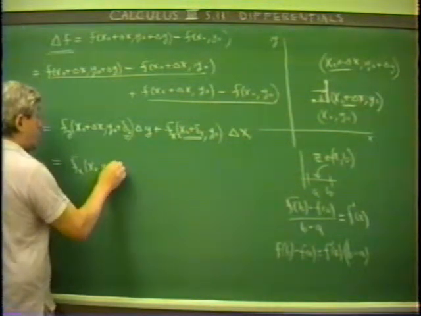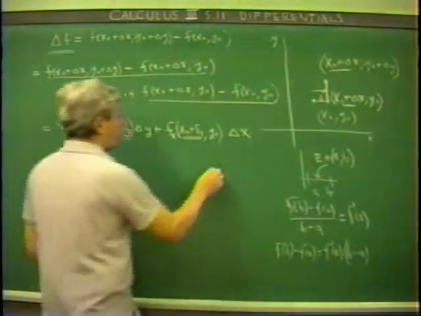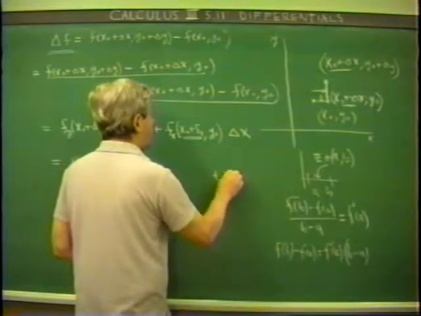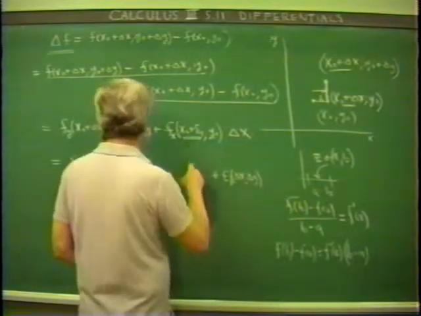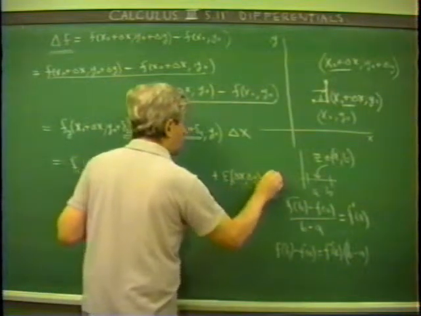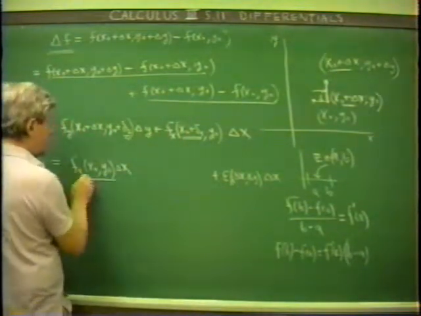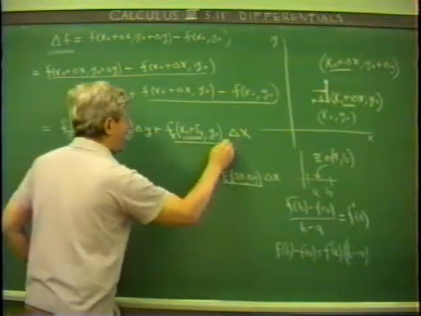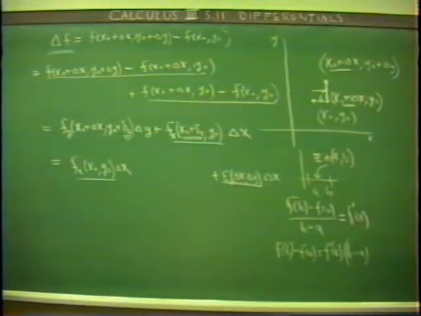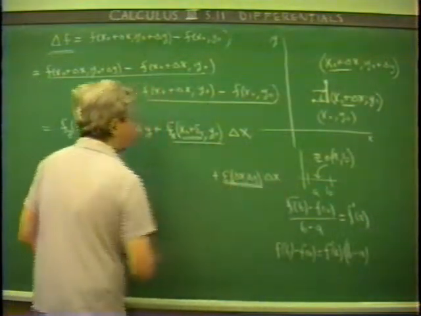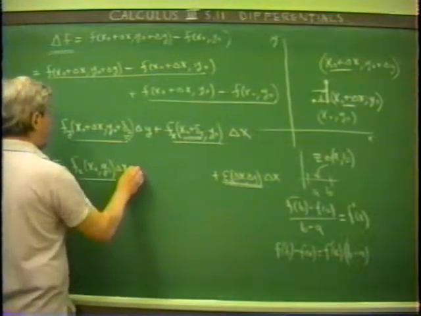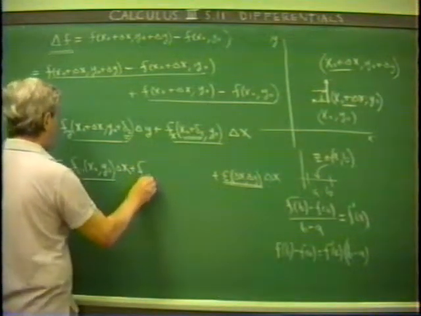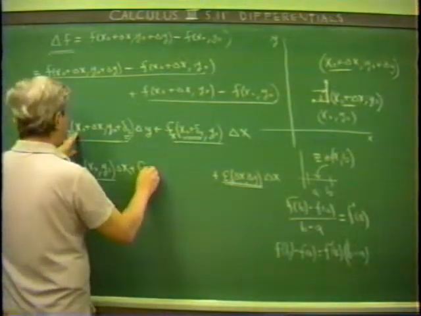So we're going to write this as the partial with respect to x at x naught, y naught, plus some epsilon 1, which depends on delta x and delta y, so that this times delta x, this plus this is this quantity right here, so we have delta x multiplying both of them. And epsilon 1 goes to 0 as delta x goes to 0.